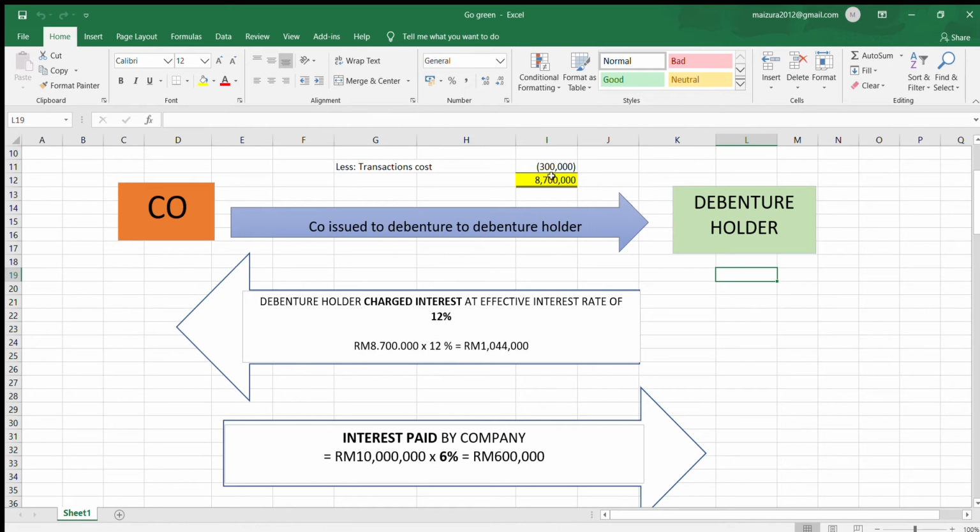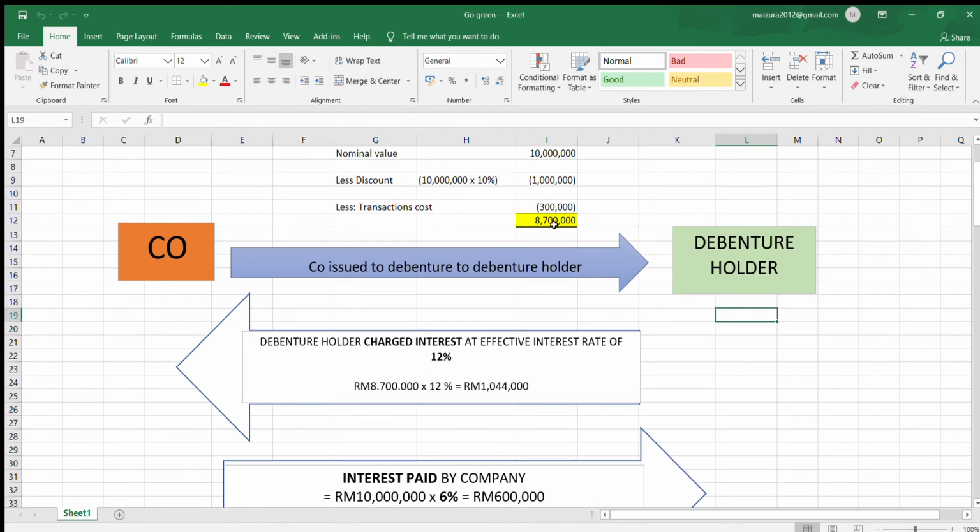So you take the amount issued to the debenture holder times 12%, and you get 1,044,000.